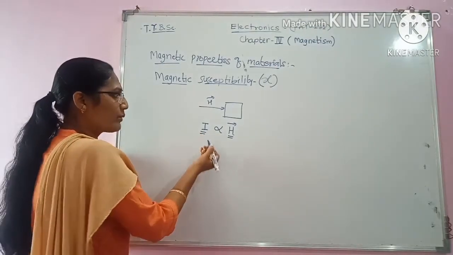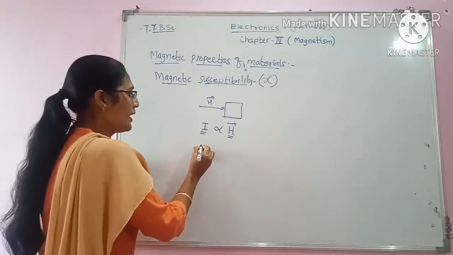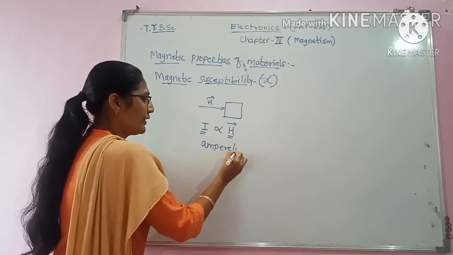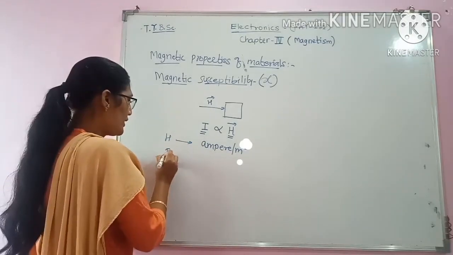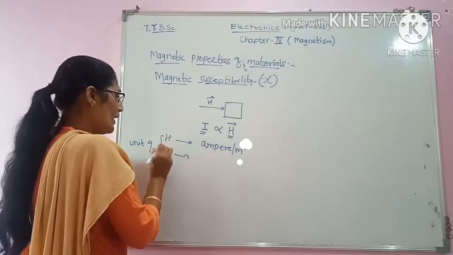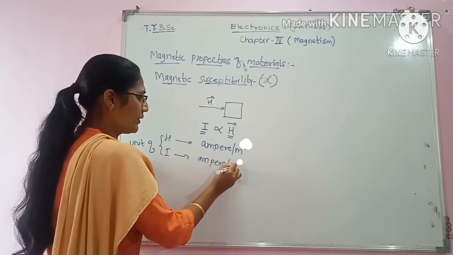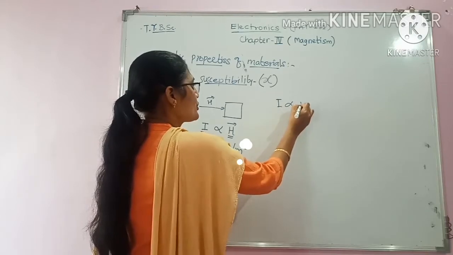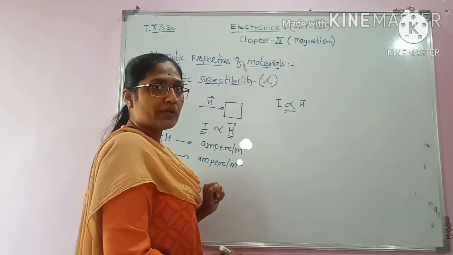And just now we have seen in our previous lecture that intensity of magnetism is represented in ampere per meter, and the unit of H is also ampere per meter.